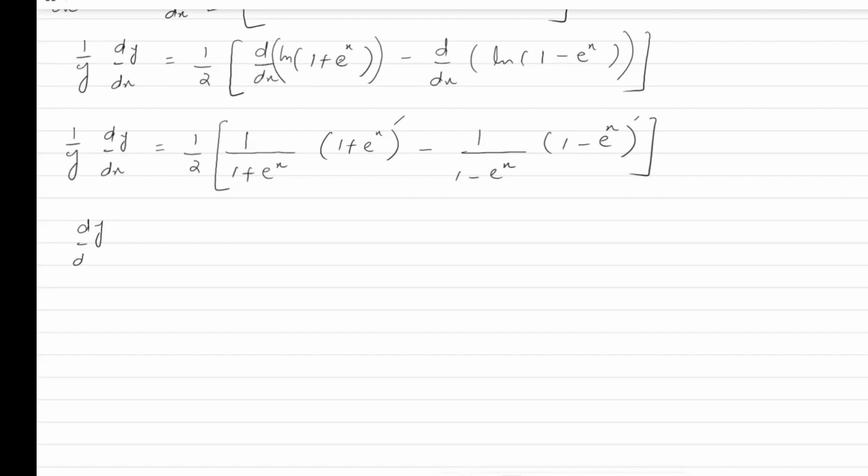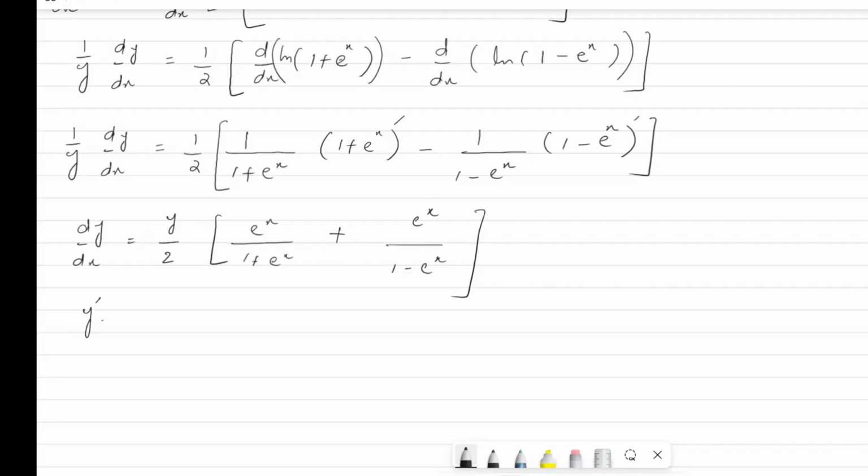So dy by dx is equal to y by 2. One derivative is 0, and e of x derivative will be e of x. E raised to the power x derivative will be e raised to the power x. One derivative will be 0, and minus e raised to the power x derivative will be negative e raised to the power x.